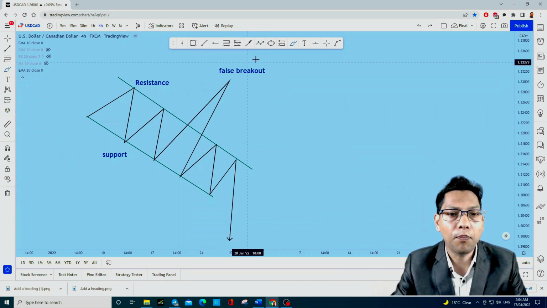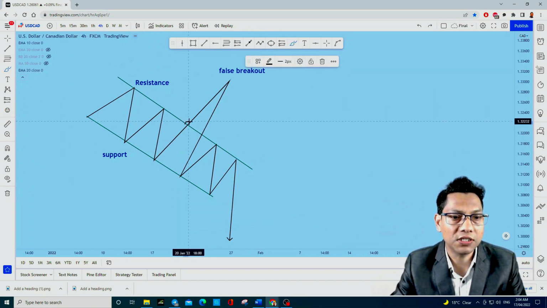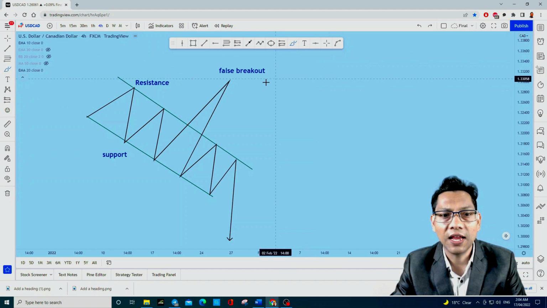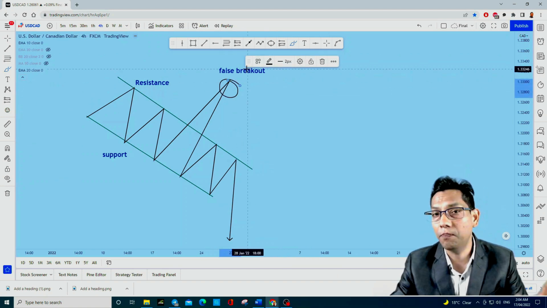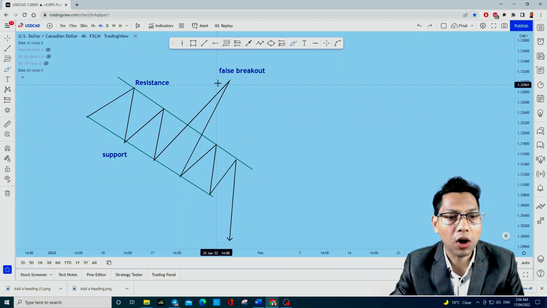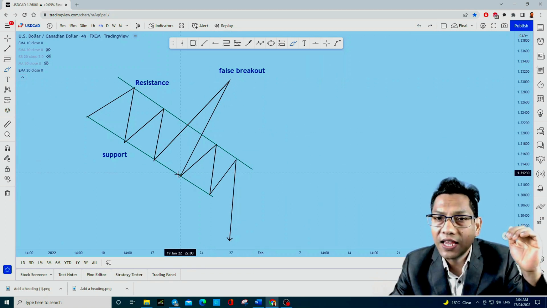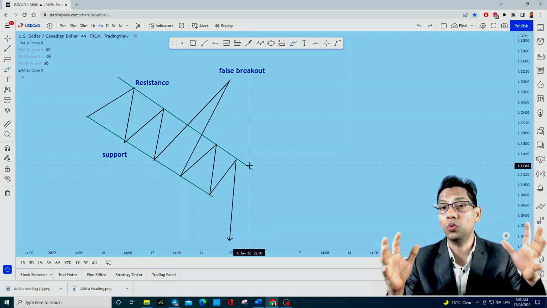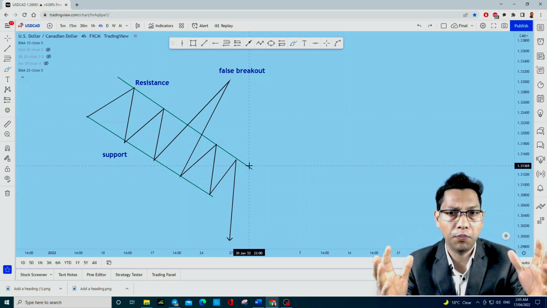Now at some point, the price broke out of this channel to the upside and immediately came back inside the channel, creating a false breakout. So price basically broke out of the channel but immediately came back and started to move inside the channel, which we call a false breakout.